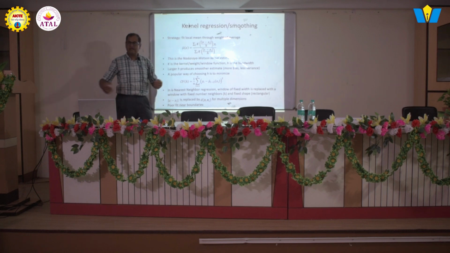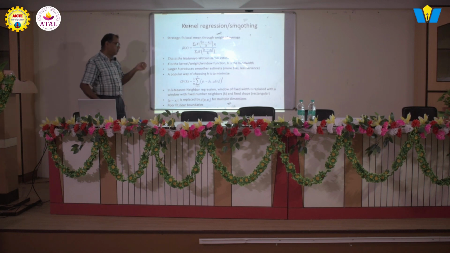And if H is large, then even an xi which is quite some distance away from x will become a near neighbor. So H is basically the length of the neighborhood. Okay. Neighborhood scale. So it's called the bandwidth parameter, sometimes it's called the window width parameter.